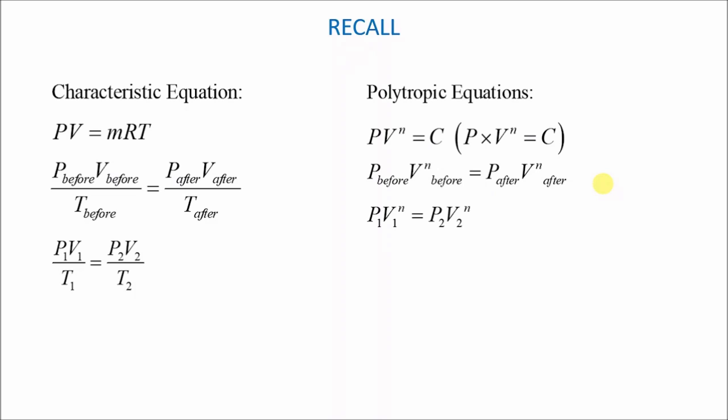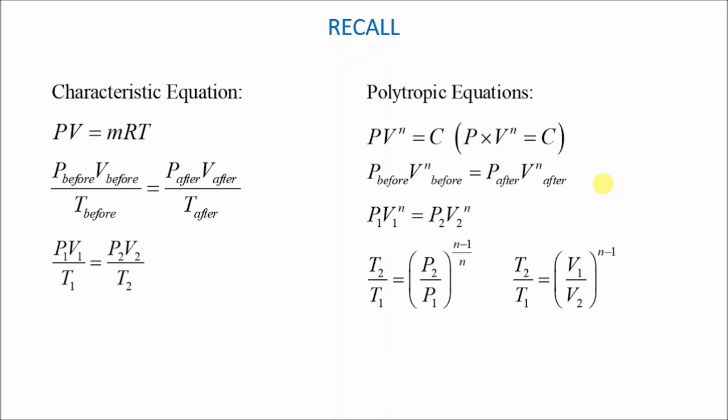Other polytropic equations can also be created using mathematical principles and the characteristic equation, and those will relate the temperature to the pressure and the temperature to the volume, as you see here.